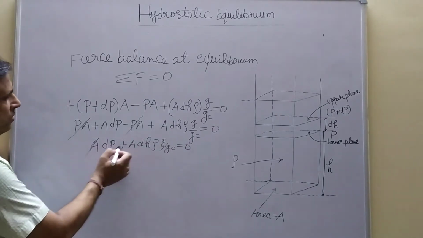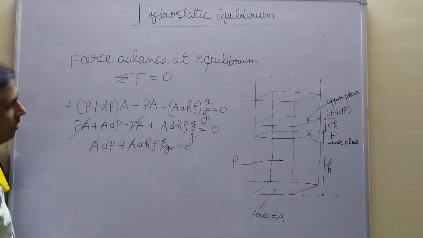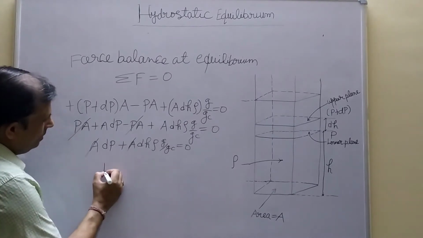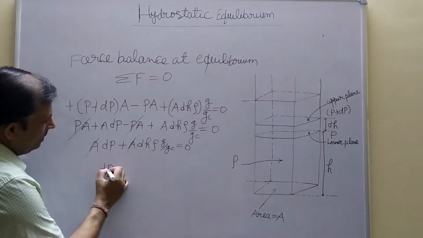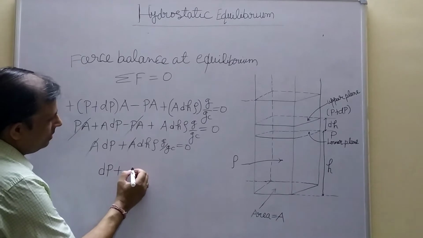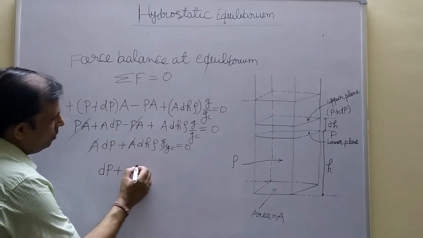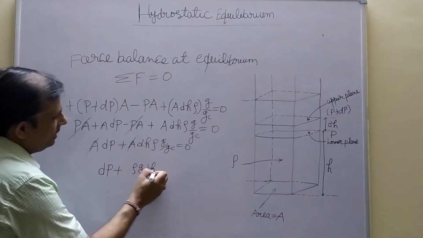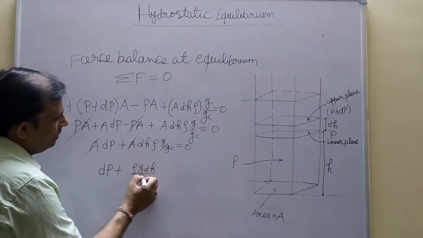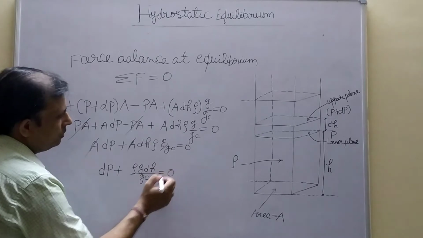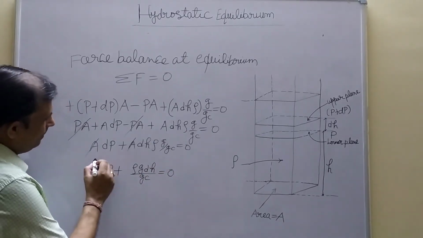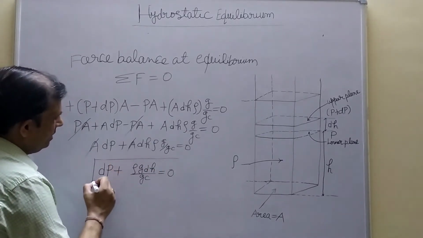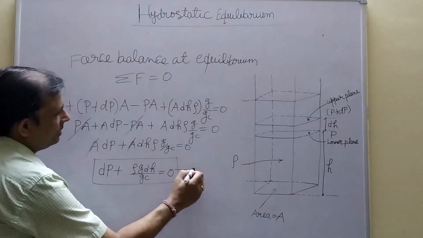A is also common, so it will also cancel out, leaving only dP plus rho g dh by gc equals 0. Okay, so this is equation first.